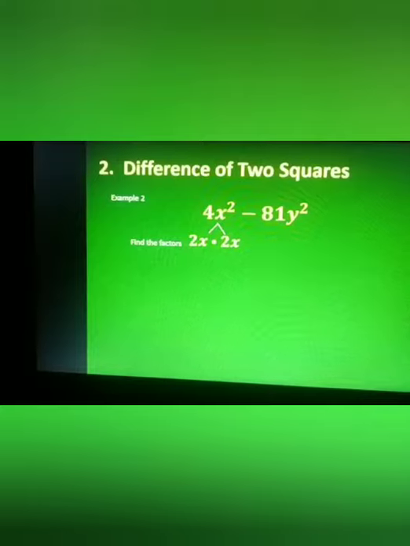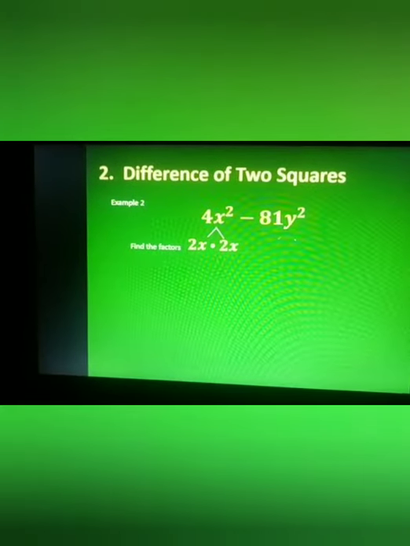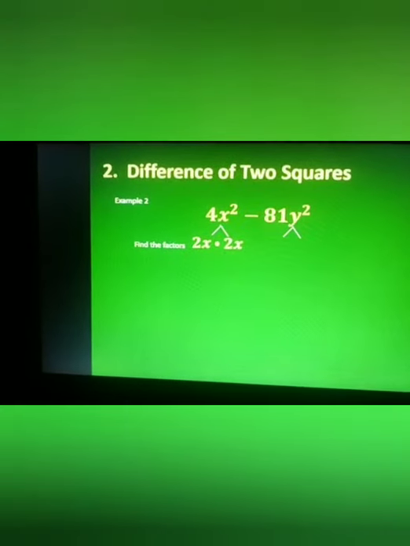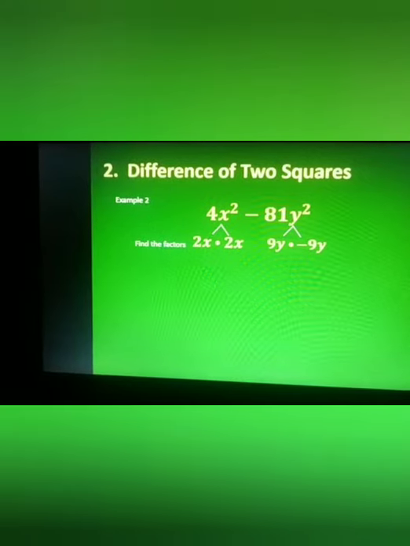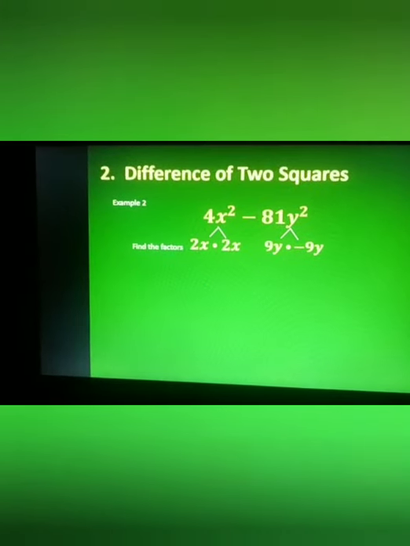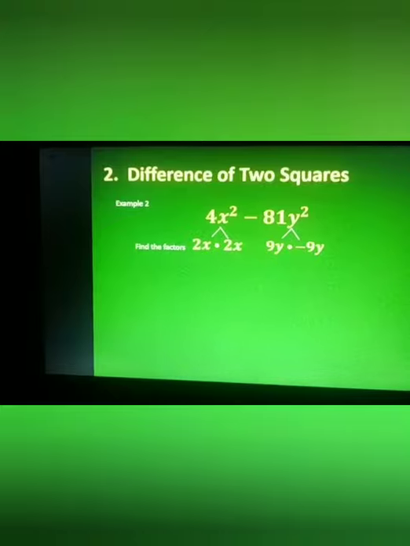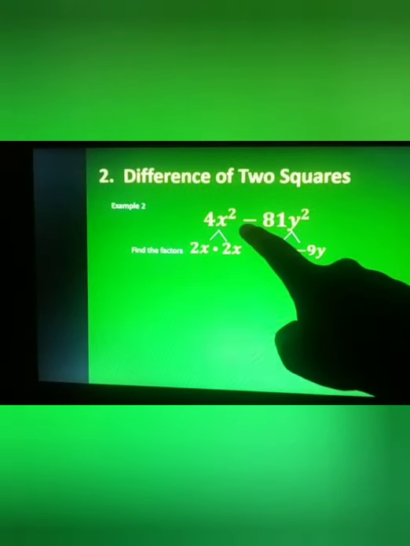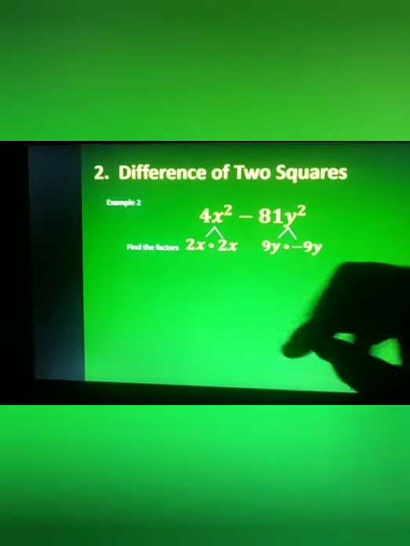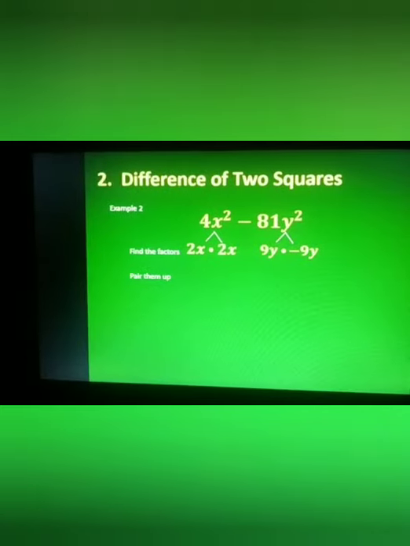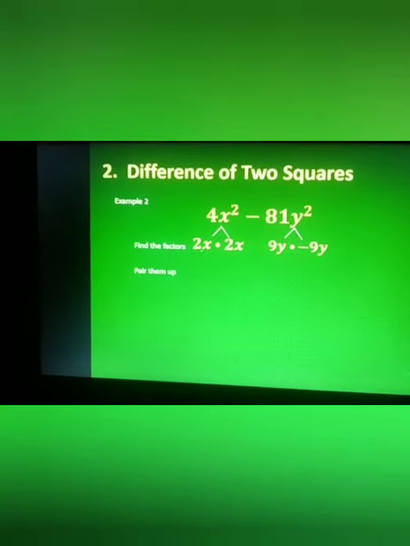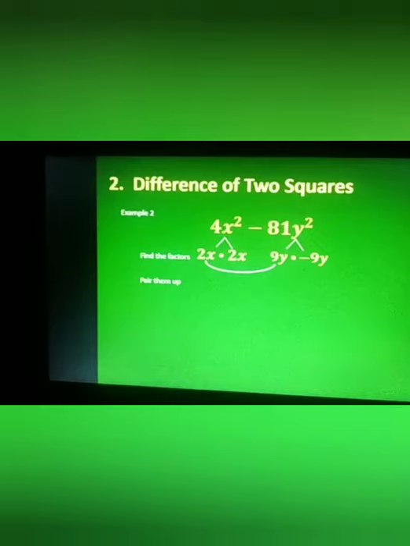And then, factors ni negative 81y squared. We have, ang isa syempre positive, ang isa negative. 9y squared minus negative 9y. Okay? Remember, negative ang sign. So, ang isa positive, ang isa negative. Next, pariso naman sila liwat. Pair them up. We have there, pare sila.